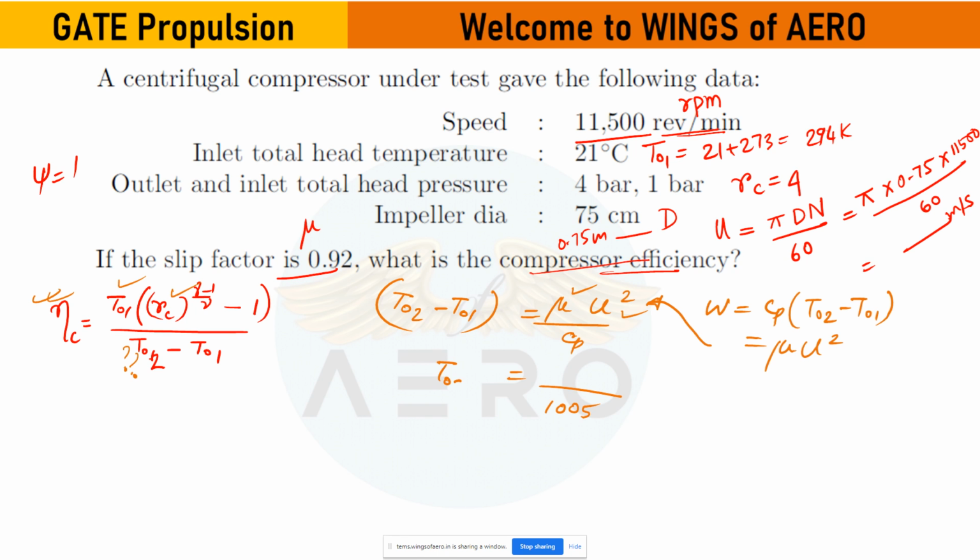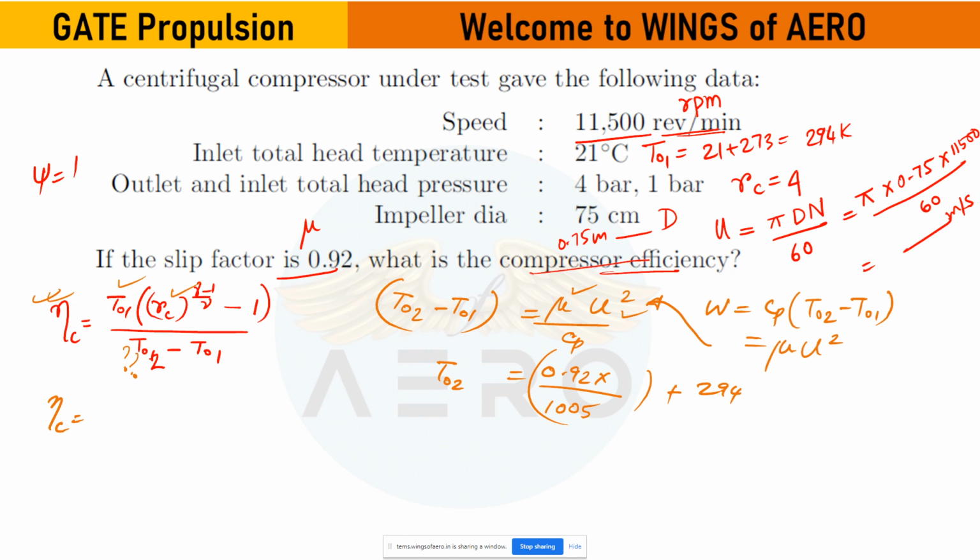Now T02 will become 0.92 into this value plus T01, which is 294, and you will get T02. Substitute over here, you will get the efficiency.